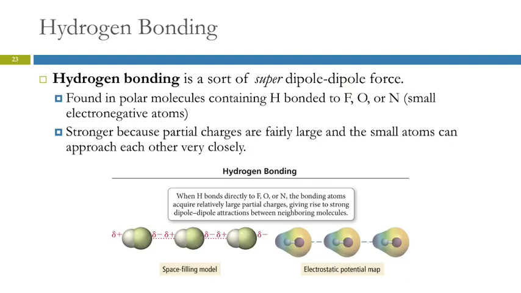So hydrogen bonding is stronger because the partial charges involved here are larger than in just regular polar molecules. And the size of the atoms matters because those small atoms, fluorine, oxygen, and nitrogen, can approach each other very closely. So being able to get close, we've got a shorter distance, that increases the attraction. Having these partial charges being larger also increases the attraction. Okay, so how do you remember this?